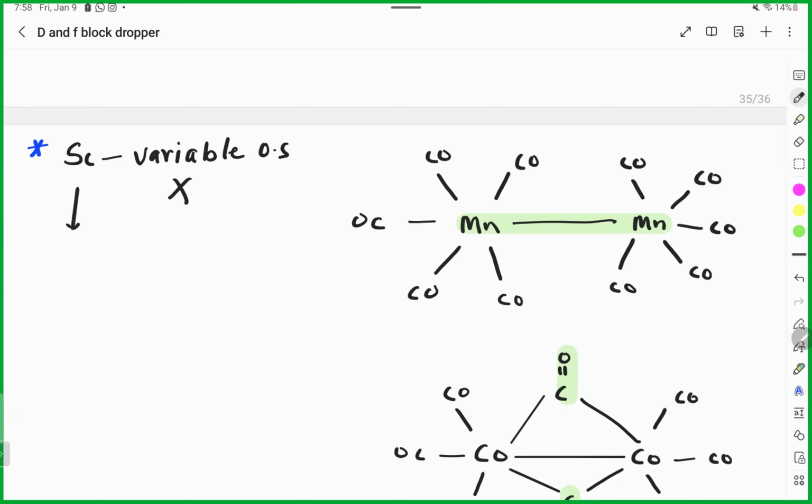Stability of the noble gas. For example, even if you try to make scandium 2 positive, it will be 3d1. 3d1 will easily lose one electron and convert into the noble gas configuration. So this scandium will convert into scandium 3 positive. Make sense? Understood? Yes, sir.